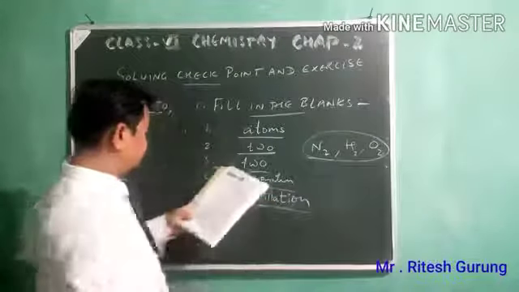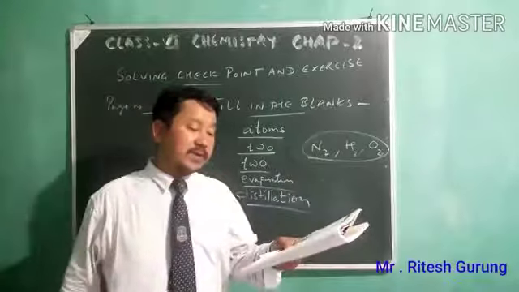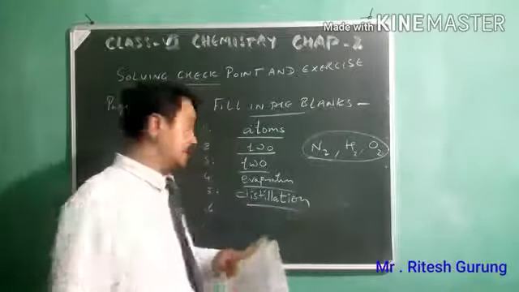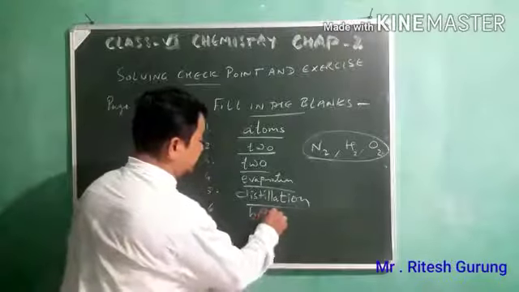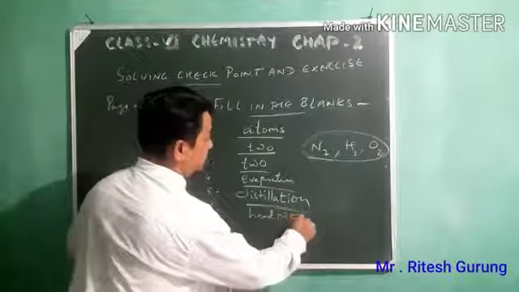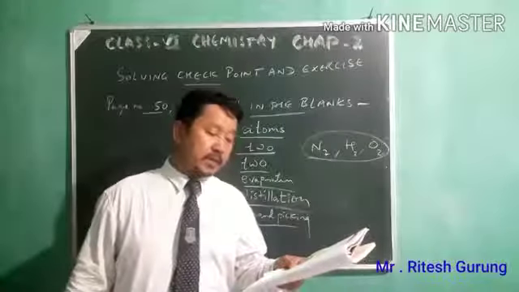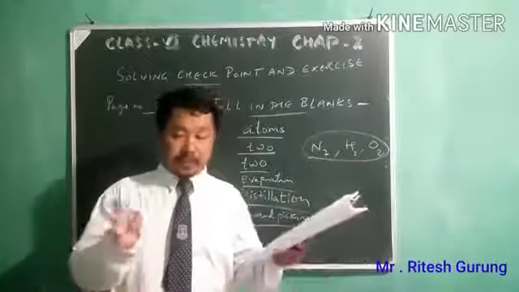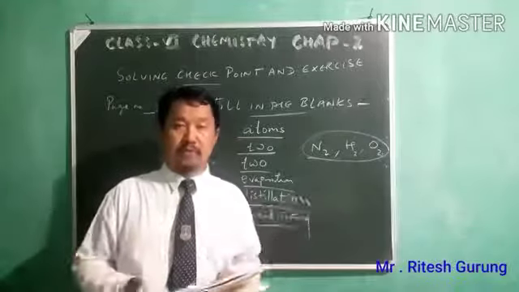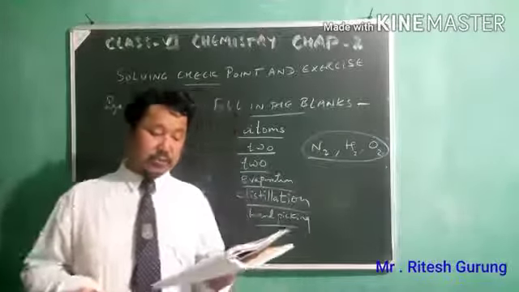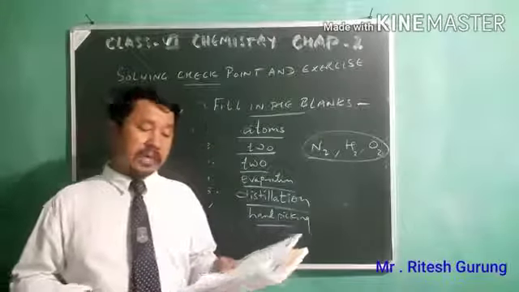Then number 6, peanuts are separated from a mixture of wheat and peanuts by hand picking. A simple method. If peanuts and wheat are mixed up, what method do you use? We simply use the hand picking method.